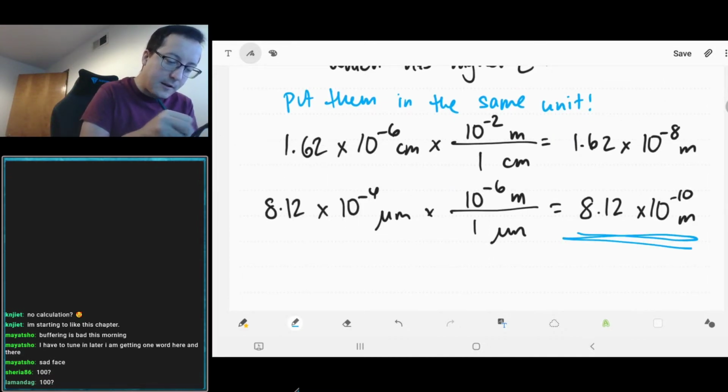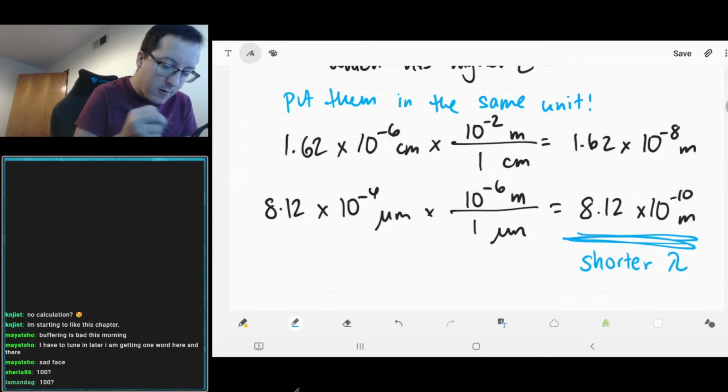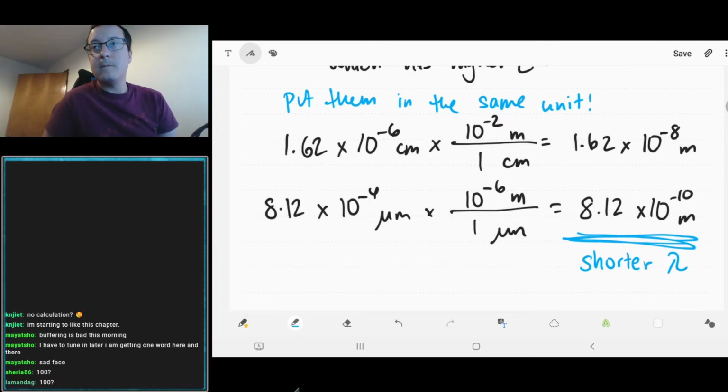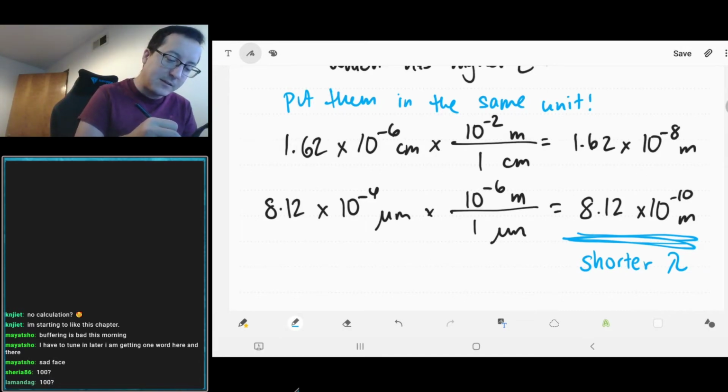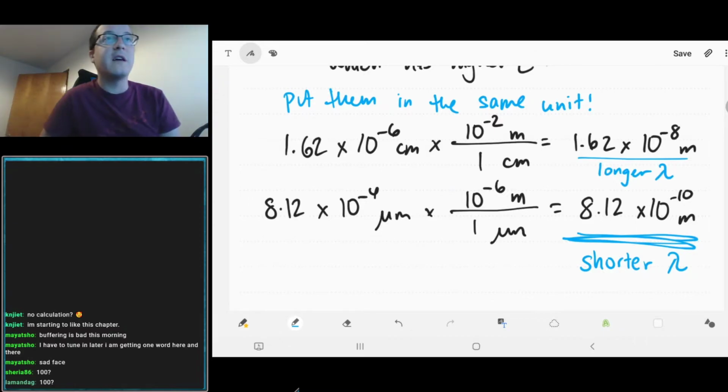this one on the bottom is the shorter wavelength, right? Remember, because that exponent of 10 to the minus 10 is smaller than 10 to the minus 8, this one down here has the shorter wavelength, and this one is the longer wavelength.